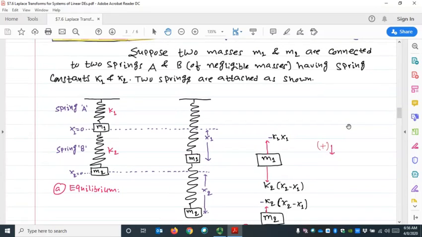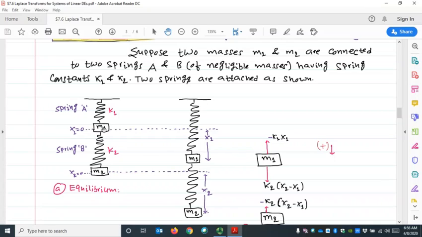So suppose two springs are attached together here. This is the ceiling. I'm explaining on the first diagram. The spring A has constant K1, and at the lower end of the first spring, or spring A, the weight of mass M1 is attached.